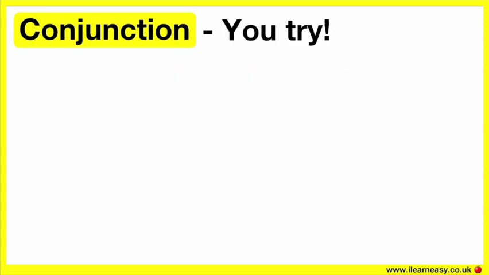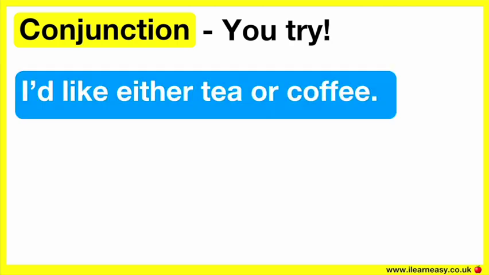Now you try. Read the sentences, identify the conjunctions, and then think, which type of conjunction is it? I'd like either tea or coffee. The conjunctions in this sentence are either or.